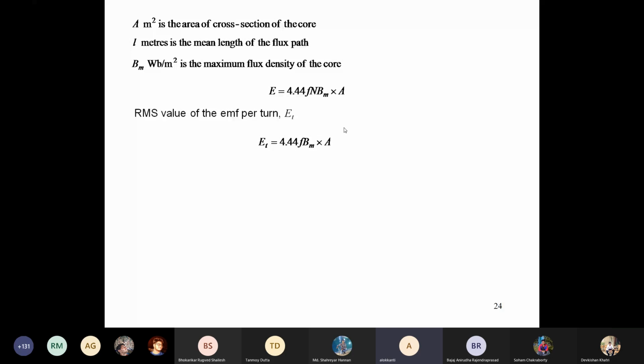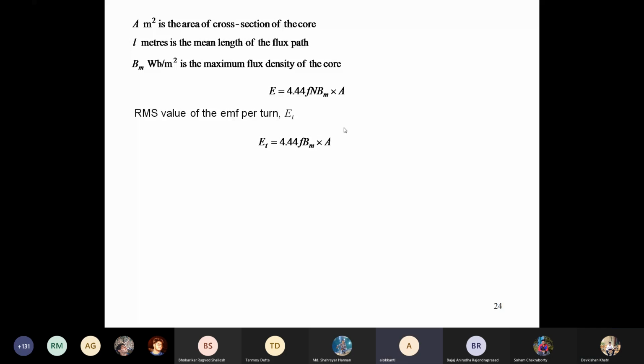EMF per turn will be decided by the value of Bm and A, assuming F to be constant. 4.44 is anyway constant. So the EMF per turn value will be decided by the value of Bm, the flux density at which you are going to use the transformer. Okay? Yes, sir. So this ET, or EMF per turn, is very important for transformer designs.